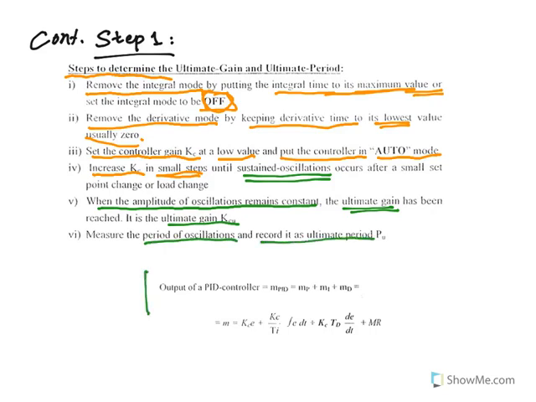The output of the controller will be the output of the proportional plus the output of the integral plus the output of the derivative. So this is for PID, and this is the equation.